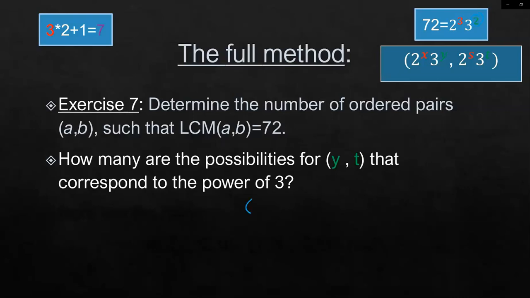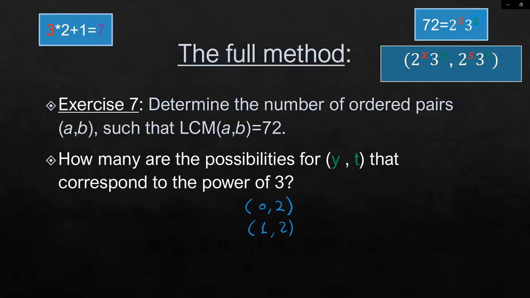So we would have, for example, 0, 2. What else? 1, 2 could be a possibility.